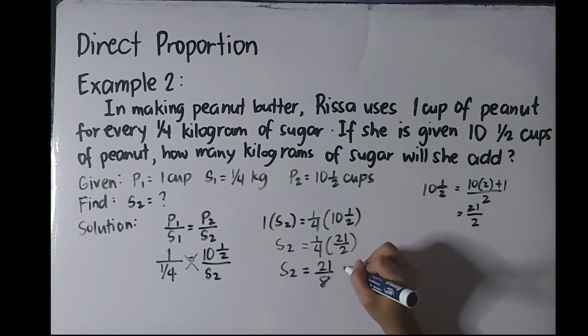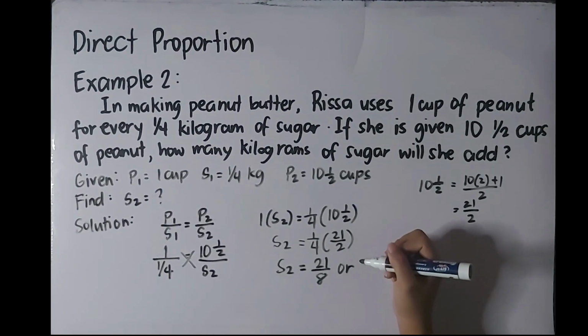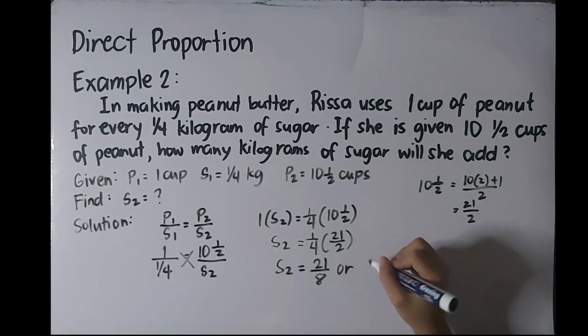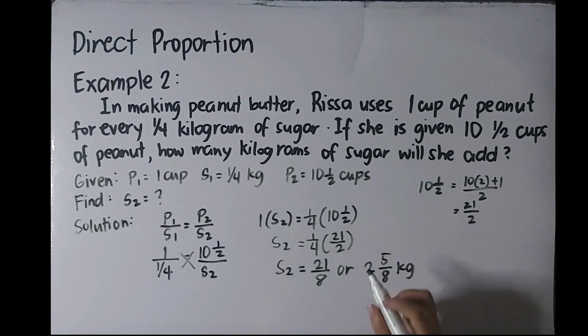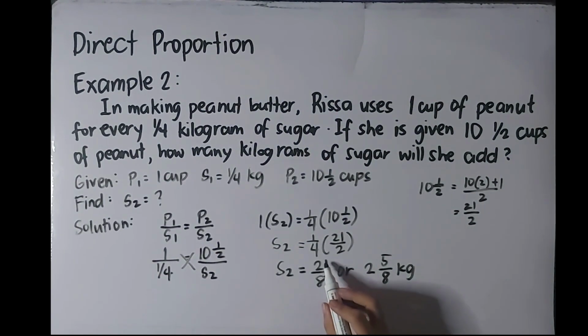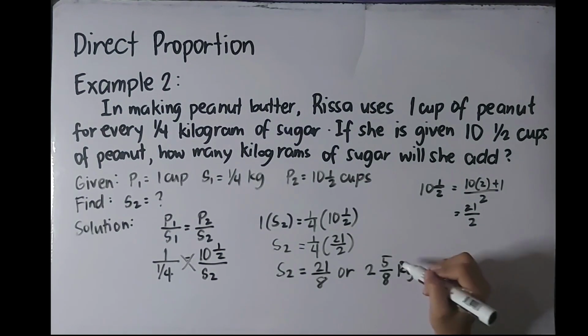kilograms, or its mixed form, we have 2 and 5/8 kilograms. How? So, 21 divided by 8, we have 2, remainder 5.